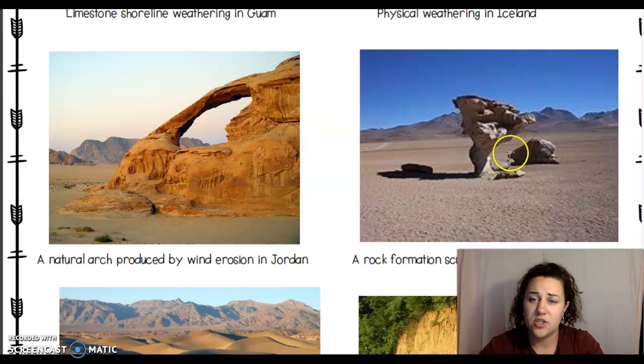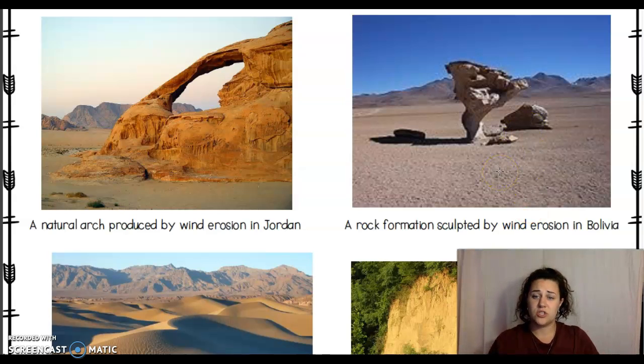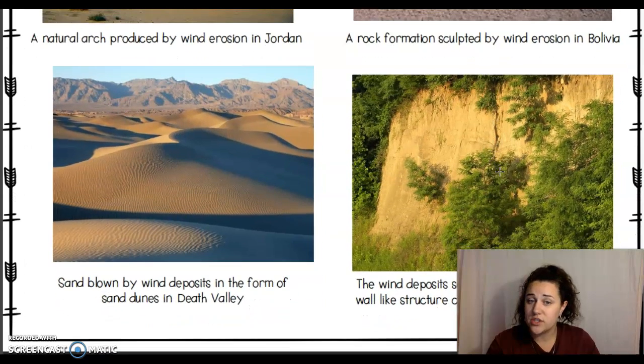We have here too, this could be created by erosion. So this is a rock formation sculpted by wind erosion in Bolivia. So again, friends, it's just erosion moving the pieces. And it has to be put somewhere else, which then brings us to deposition.